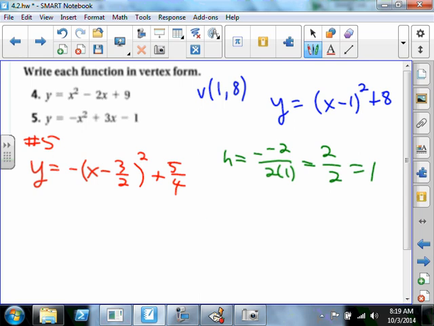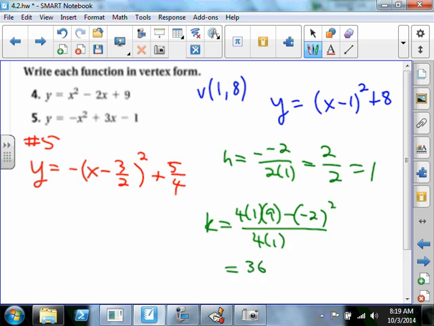Okay, so k is 4 times A times C minus B squared, divided by 4 times A. So that's going to be 36 minus 4 over 4, which is 32 over 4. If I had to assume what happened there, you probably added the 4 on the end if you came up with 10. Okay. So that gets us up to 4 and 5.